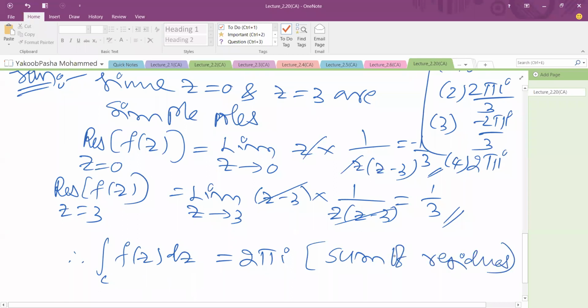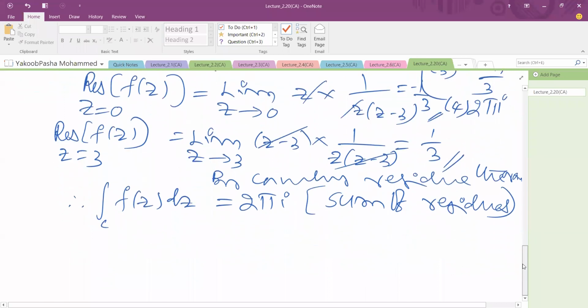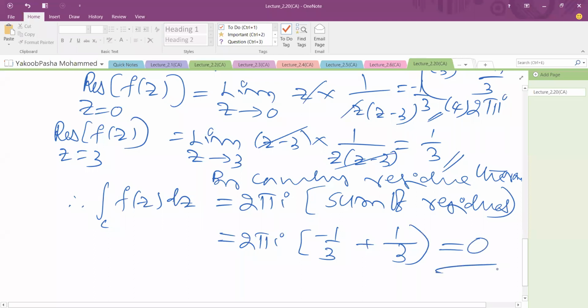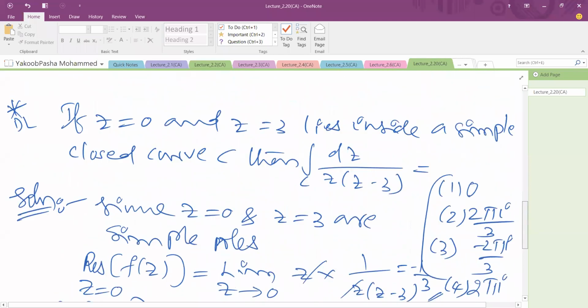Sum of residues means, here I have mentioned, by Cauchy residue theorem. While using this theorem, we can write 2 pi I times the sum of residues. First one is minus 1 by 3, and the second one is 1 by 3. This will be 0. So the first option is correct.